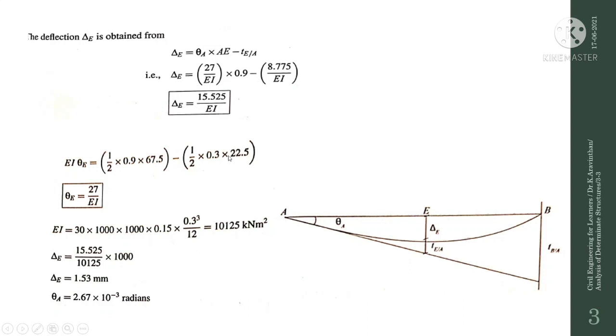According to theorem 1, if you take the area of the bending moment diagram divided by EI, you will be getting theta, and theorem 2 is you have to find the area of the bending moment diagram into the centroidal distance. So you got the displacement and the theta here.